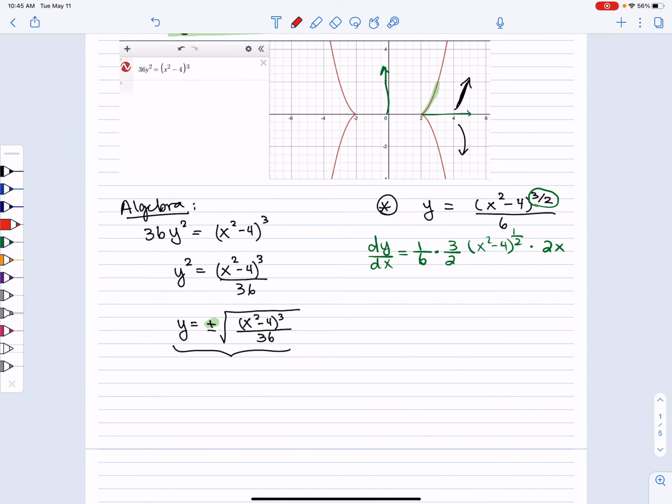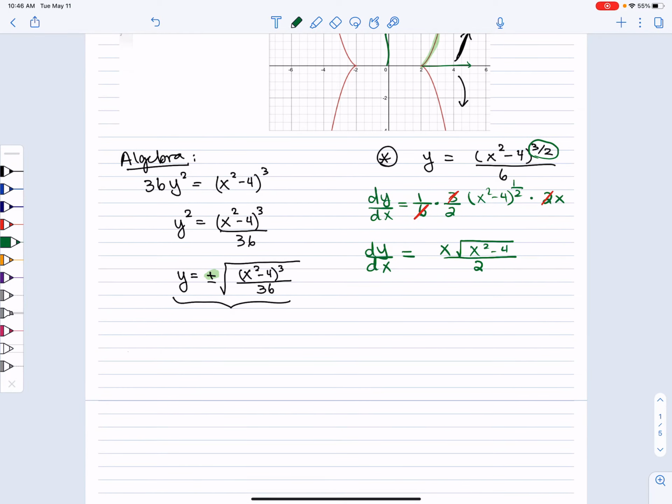We can simplify that. We can say that 3 times 2 is 6, and 6 divided by 6 is 1. So we now have dy/dx is equal to x times the square root of x squared minus 4 over 2.